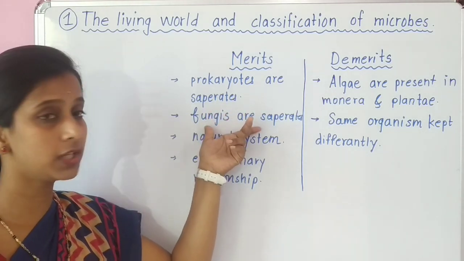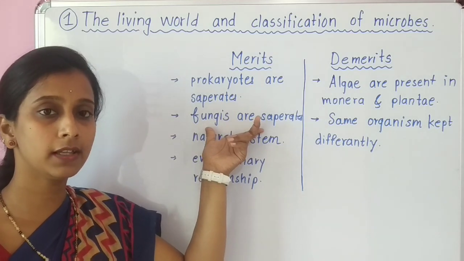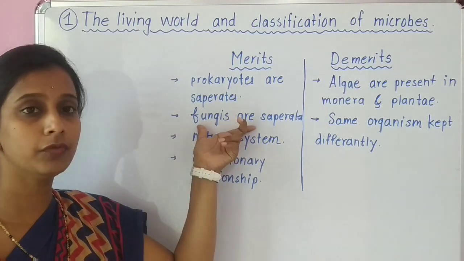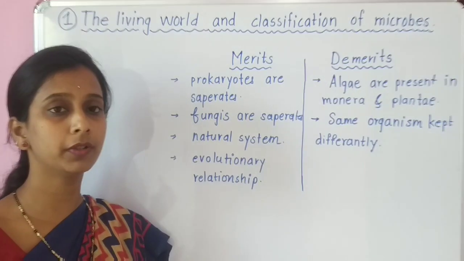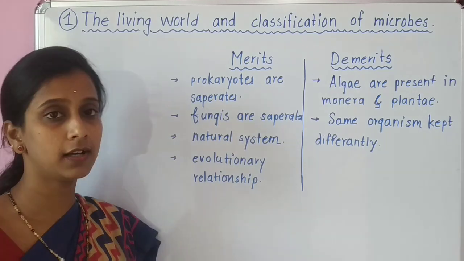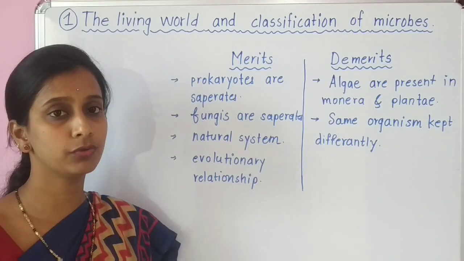Again, fungi are also separate, so it is very easy to study their characteristics. We know that fungi are placed in the third kingdom. That is, fungi are separately placed in this system and it is very easy to study.